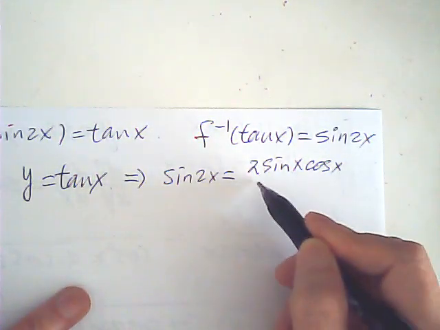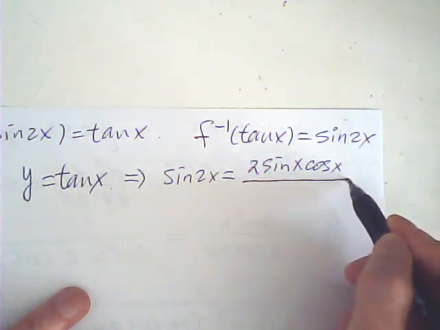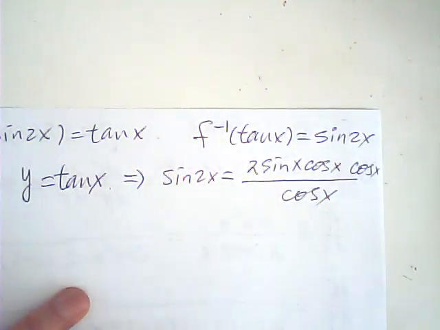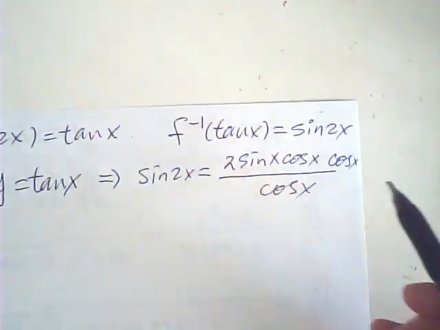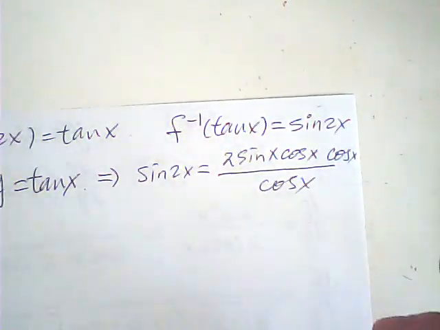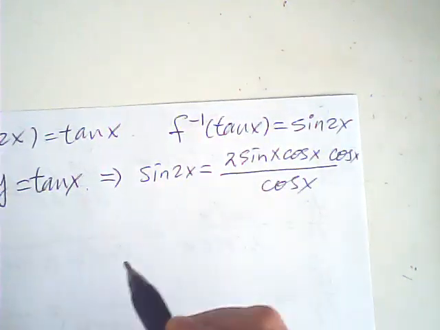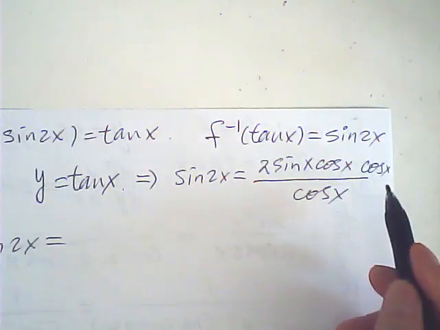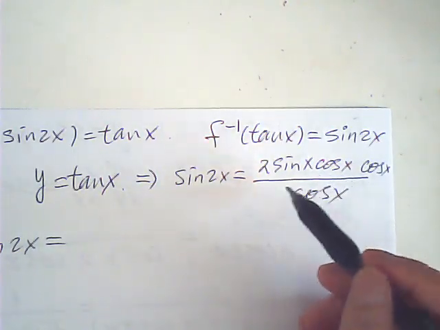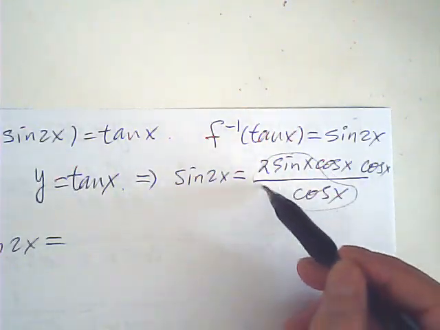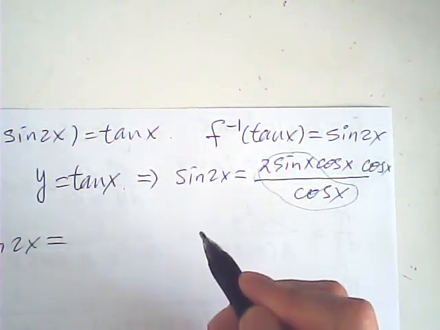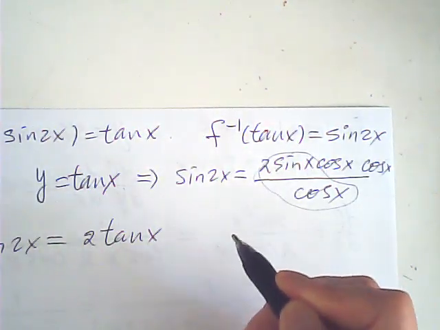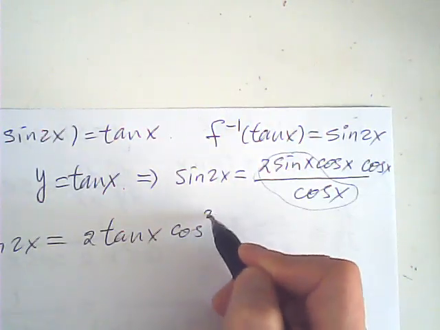And I multiply cosine x here, cosine x is there. As long as I maintain the equal sign, it's okay. Therefore, sine 2x is equal to, this will be tangent, right? This will be tangent. This will be 2 tangent x and cosine square x.